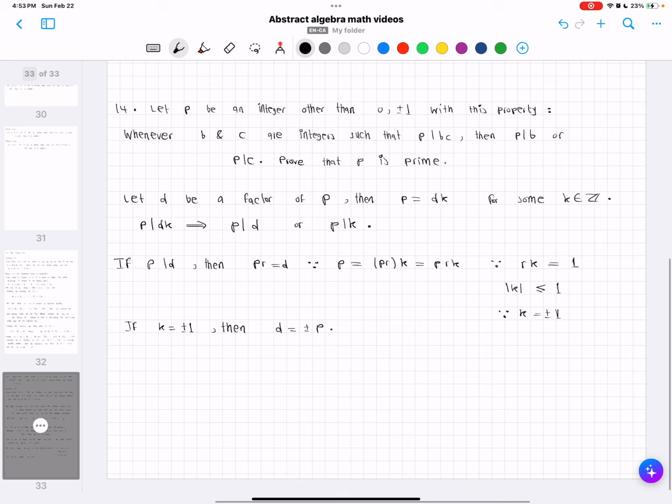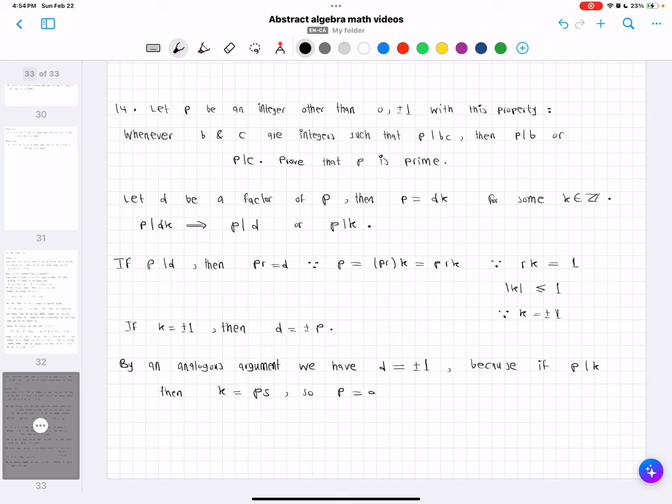And by an analogous argument, we have D is plus or minus 1, because if P divides K, then you can write K as a multiple of P. So we have P is D times P times S. So D times S is equal to 1.